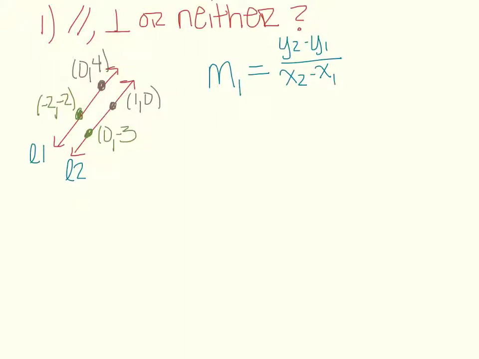Now, since we're not told which is point 1 and which is point 2, we're just going to go as if we're reading, so from left to right. So notice I would hit the green point before I got to the tan point. So we'll let the green point be point 1 and the tan point be point 2.